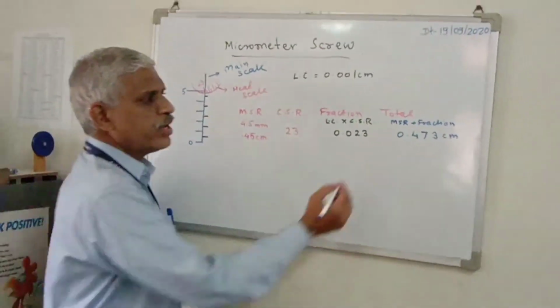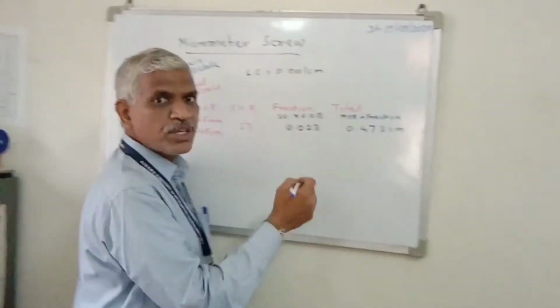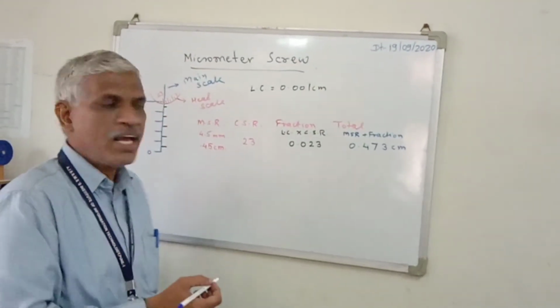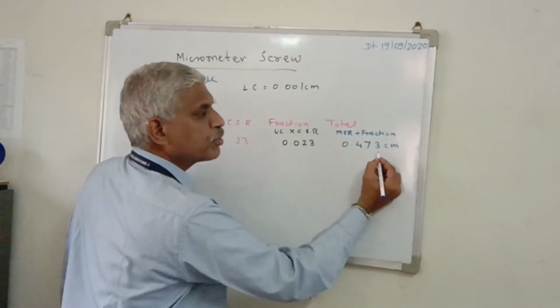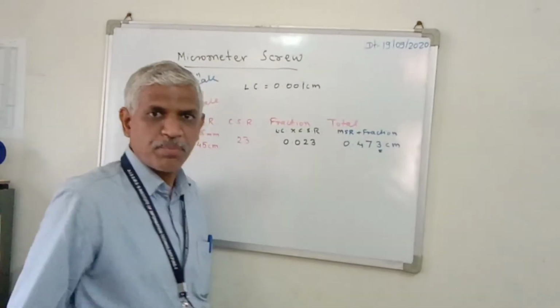Here you will note that the accuracy with which the measurement can be made is very high, because it is increased up to the third digit after the decimal point.